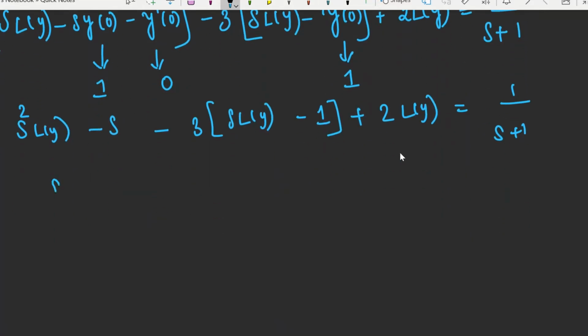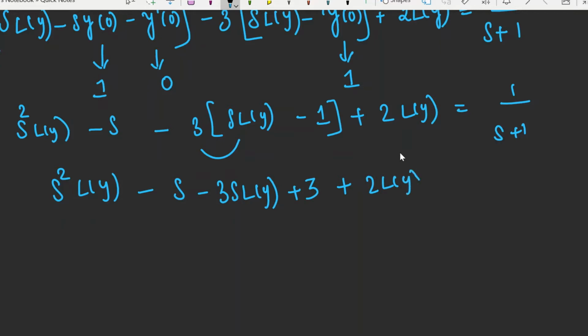Now simplify further. s square L of y minus s minus 3 times s L of y minus 1 into minus, plus 2 times L of y equals 1 by s plus 1. Now keep the L of y terms on the left side and other terms like minus s plus 3 on the right side.